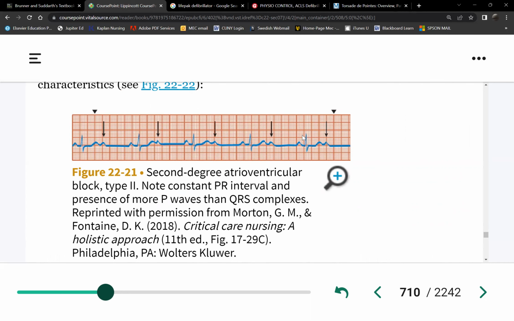That's a P wave. Look at the rhythm of the P waves. Is it regular? Yeah, it's regular. All the P waves are occurring at the same rate. You understand? Look at the QRSs.